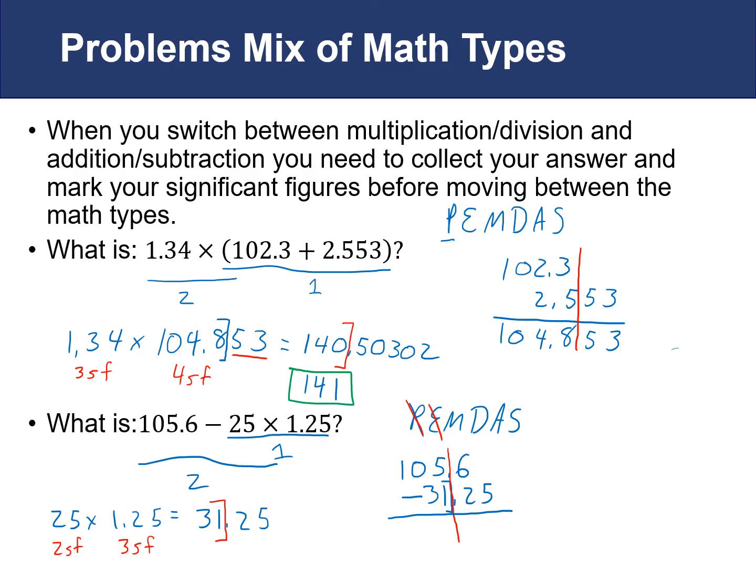So doing the subtraction, you get 74.35. So collecting our answer, that would be 74. We will be cutting and rounding between the 4 and the 3. The 3 is less than 5, and so it rounds down to 74. So our answer here would be 74.